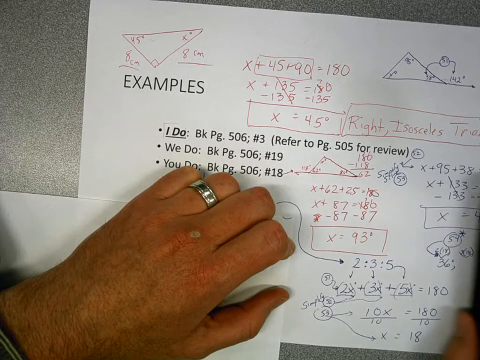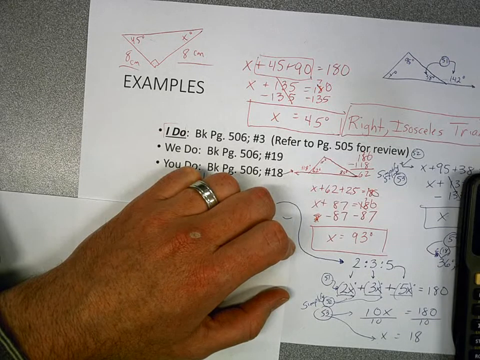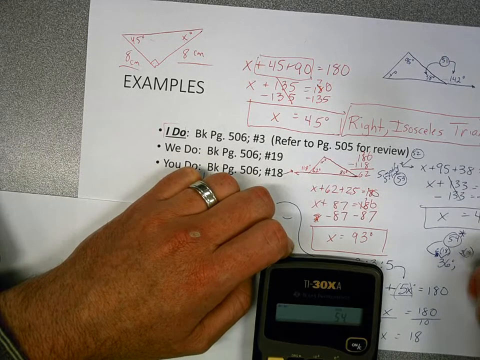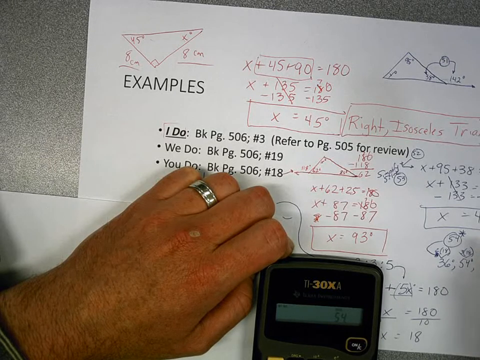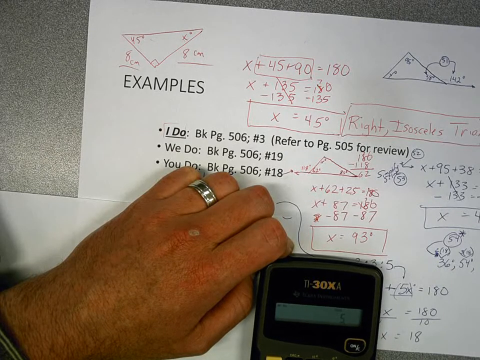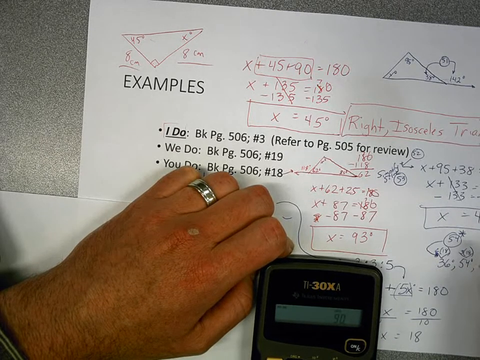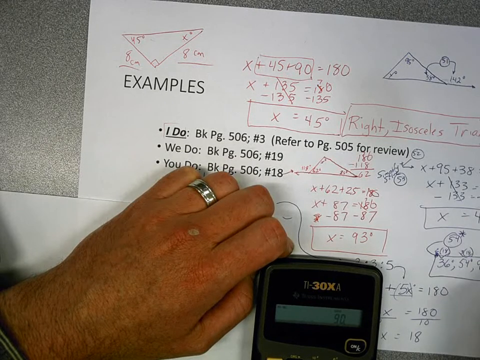So 18 times 3 equals 54 degrees. And then we have 5 times 18. So 5 times 18 equals 90 degrees. And that, ladies and gentlemen, is our final answer.